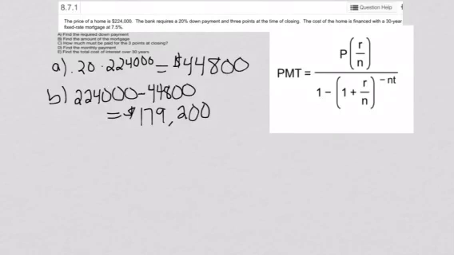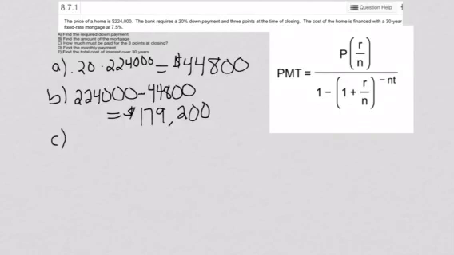Now, part C is asking us for how much must be paid for the 3 points at closing. Now, a point is a one-time charge that equals 1% of the loan amount. So for this mortgage, there's a charge of 3 points, which can also be expressed as 3% of the mortgage amount. So that's what we're going to have to find.